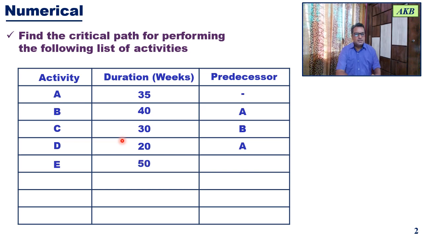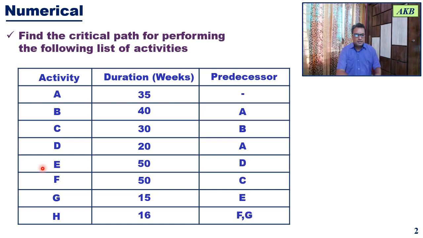Next activity is activity E. Duration is 50 weeks, and predecessor activity is activity D. Then activity F. Duration is again 50 weeks, and predecessor activity is activity C. Then you have activity G, which has a duration of 15 weeks, and the predecessor activity to this is activity E. And the last activity in the list is activity H, which has a duration of 16 weeks.